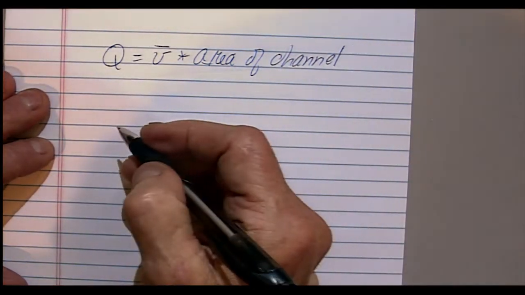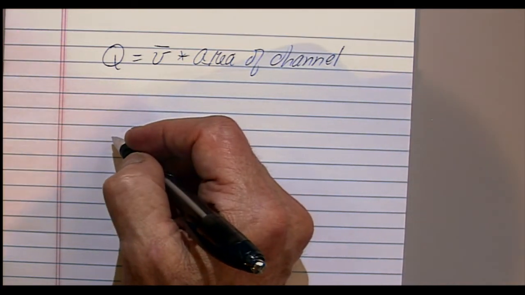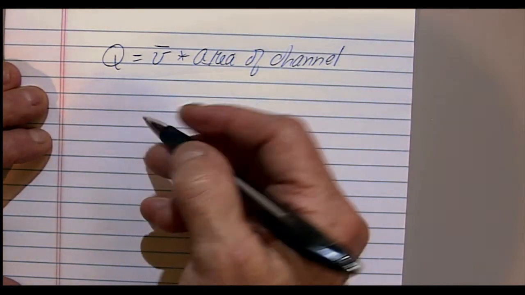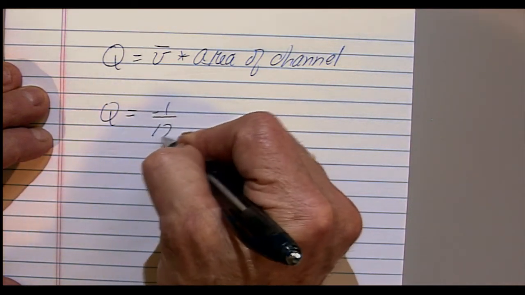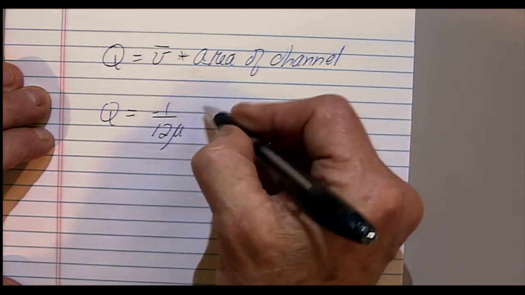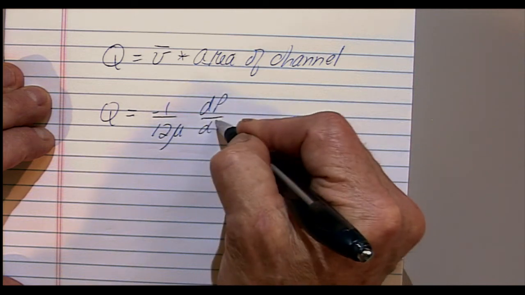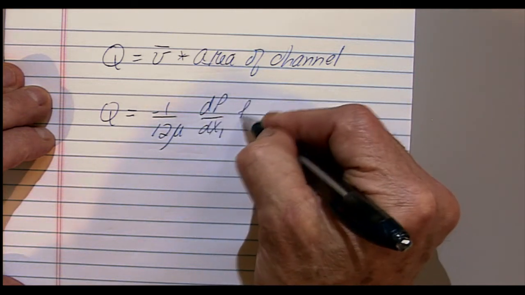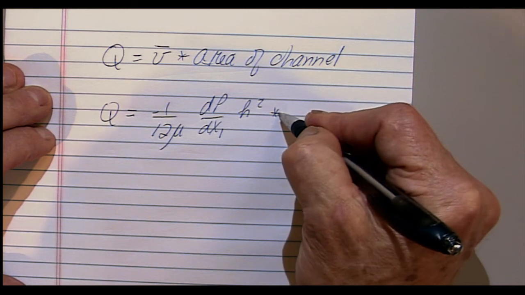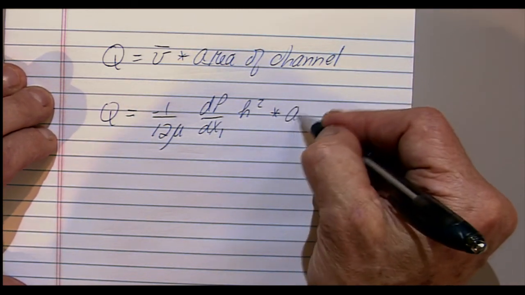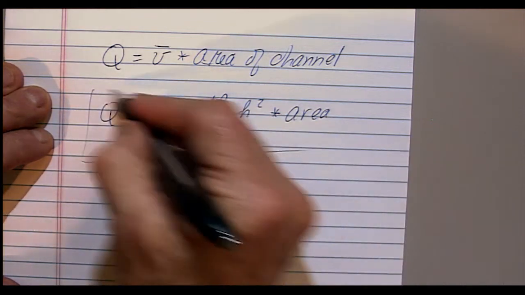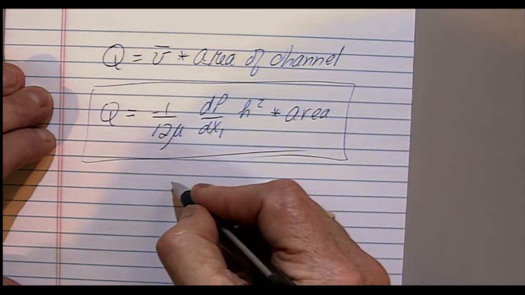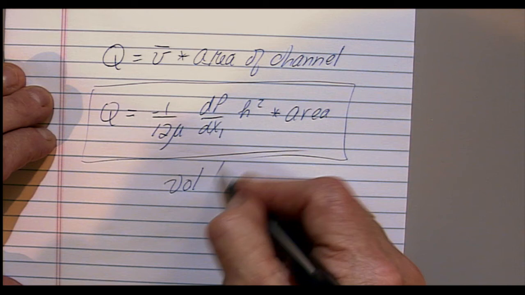All right, and so in this case, Q is just going to be minus 1 over 12 times the viscosity times the pressure gradient times the height squared, and then times the area of the channel. Okay, so that's the discharge. It tells us how much fluid comes out. So it's the volume of fluid per unit time.